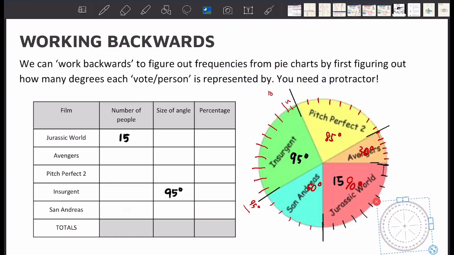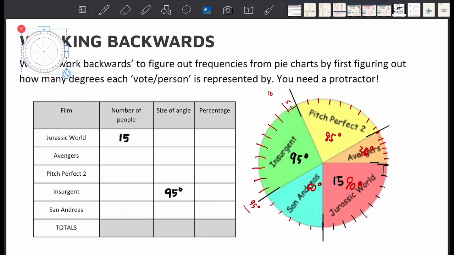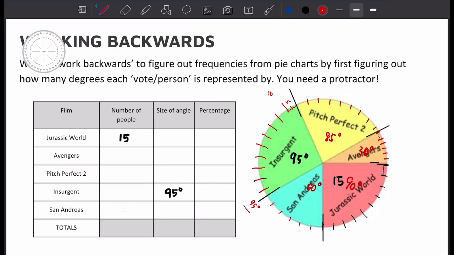You can put your protractor here again at the side. Let's put it over here, okay? And there it is. You can see where the lines are and the measurements of each section. So we know Pitch Perfect is 85 degrees, so might as well put it on already. Pitch Perfect, 85 degrees.